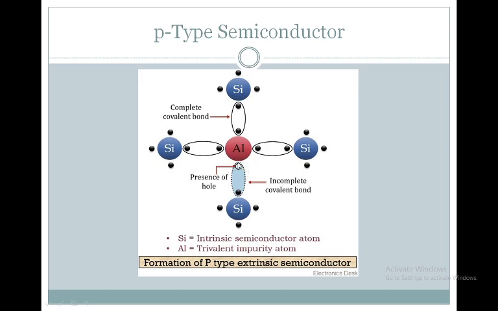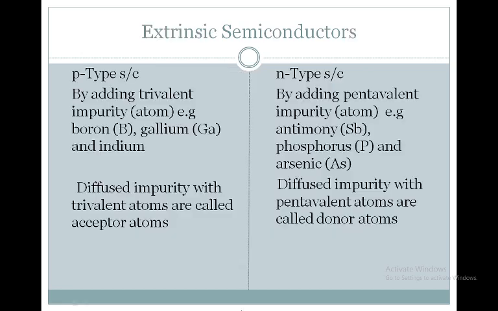That means there will be a deficiency of 1 electron that will constitute a hole. That's why it's called an acceptor impurity. So to make a p-type extrinsic semiconductor, we use a trivalent atom. But to make n-type semiconductor, we use what? Pentavalent atom.